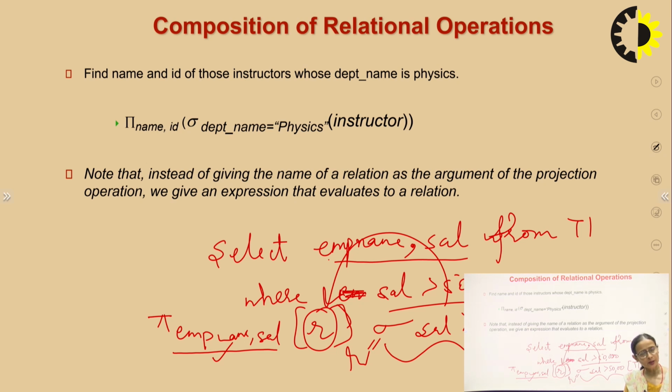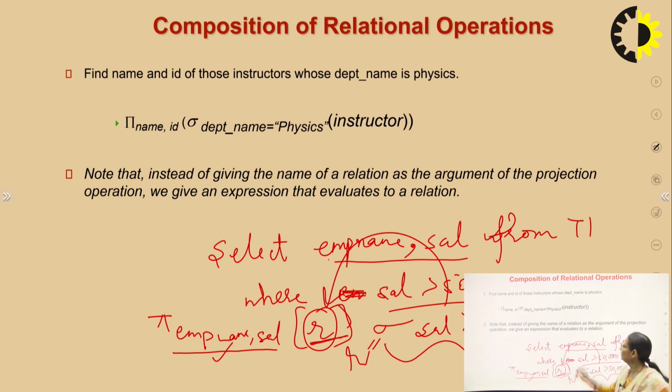And why are we able to use such things? Because the output of relational algebra is also a relation. Once we know that it is also a relation, we can give it in place of R, that is, a relation. You can pass the whole query here.